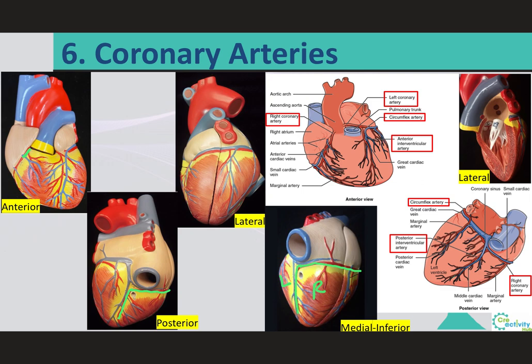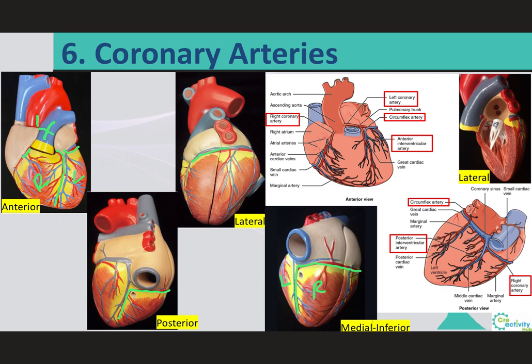With regards to the left coronary artery, we can't really see it exiting from the ascending aorta because it comes behind the pulmonary trunk. But once it comes to the front, it will split into the anterior interventricular artery between the left ventricle and right ventricle, and the other branch will give rise to the circumflex artery.